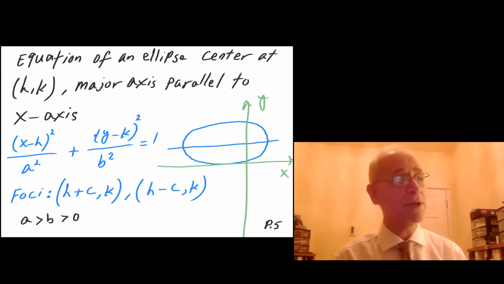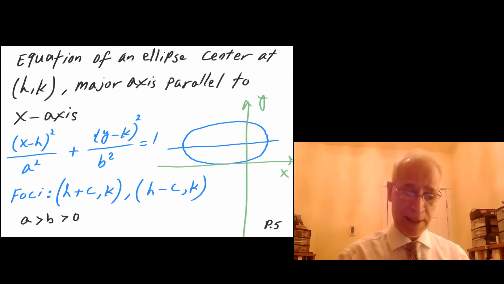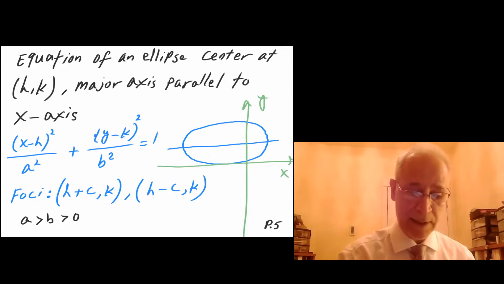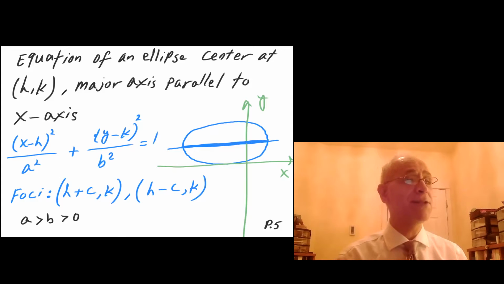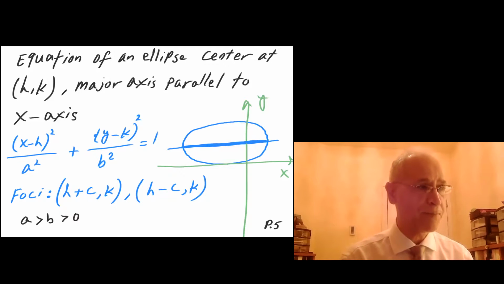So what's the equation of that? Once again, the major axis is parallel to the x-axis. So the formula is x minus h, quantity squared, over a squared plus y minus k, quantity squared, over b squared equals 1.